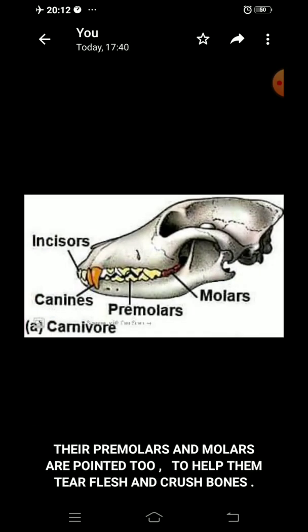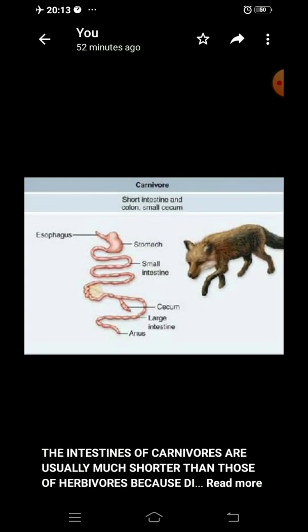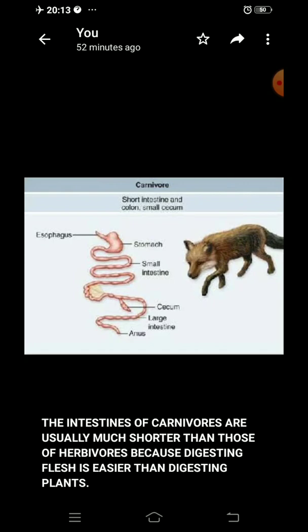Their premolars and molars are pointed too to help them tear flesh and crush bones. The stomach of a carnivore produces a lot of acid to help in the digestion of flesh. The intestines of carnivores are usually much shorter than those of herbivores because digesting flesh is easier than digesting plants.